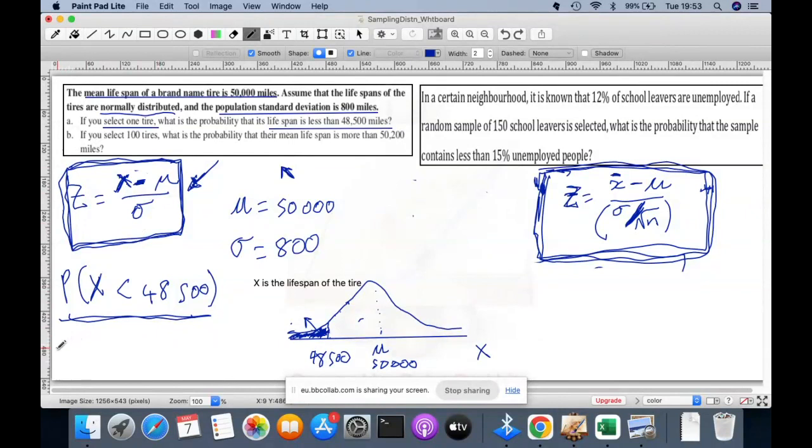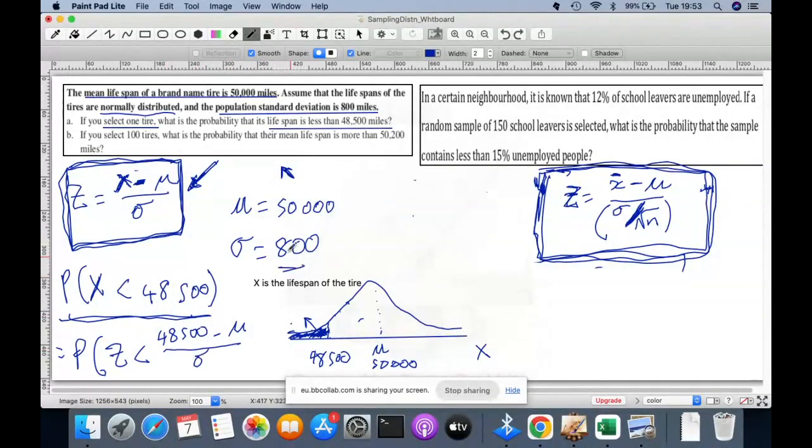So let's rewrite this in terms of z. That becomes the probability of z less than, and to convert this to z, we subtract the mean following this formula. This is the x value, so it's 48,500 minus the mean, all over sigma.